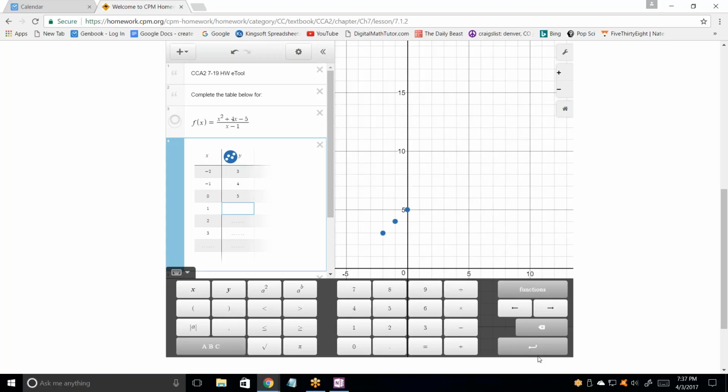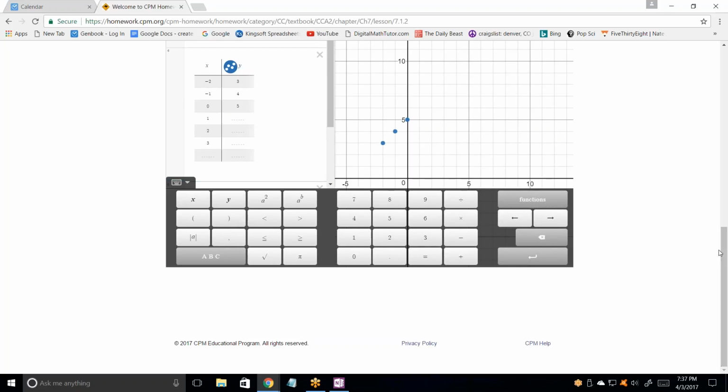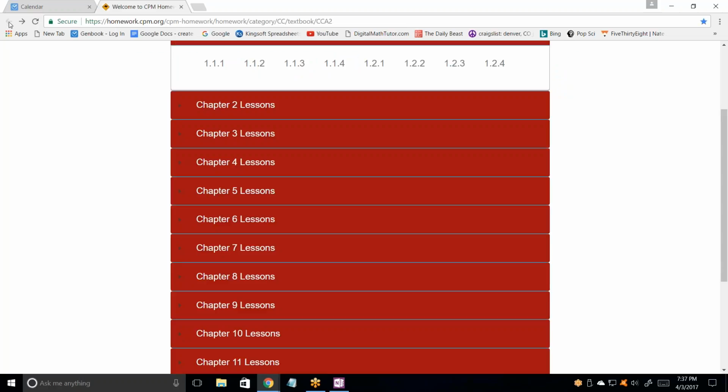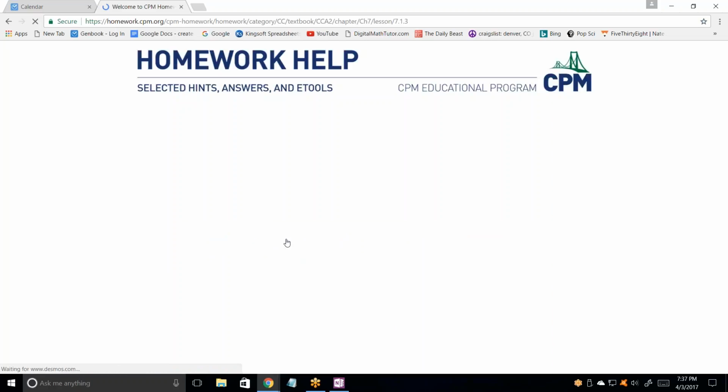It's not really necessary, no. Because I don't know how to write does not exist for 1, so I won't continue on here. Back up. I guess we're on 7.1.3.